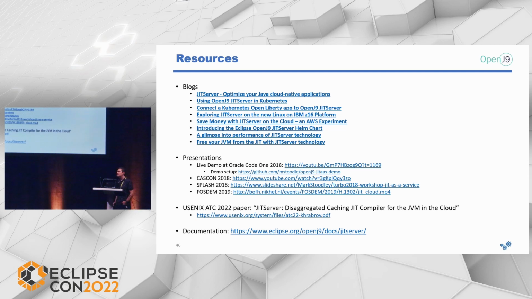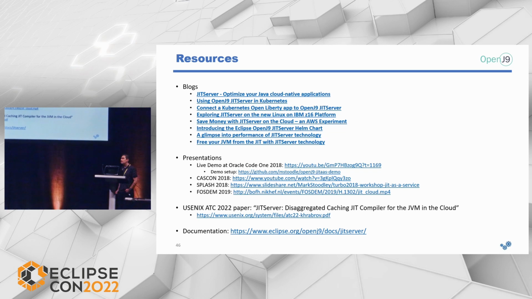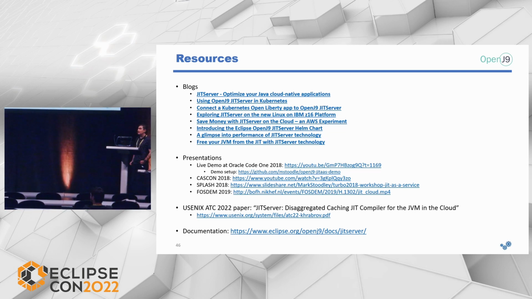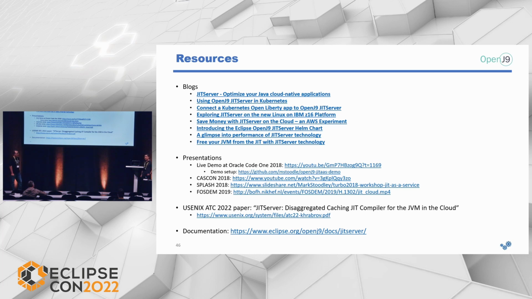Architectures, is this available? I'm specifically asking for ARM, because, for instance, the new Macs, or I think in the server, ARM might also play a role, so I was wondering if it's only x86 or also something different. Okay, so the question is if we have JITServer for ARM. We target ARM.